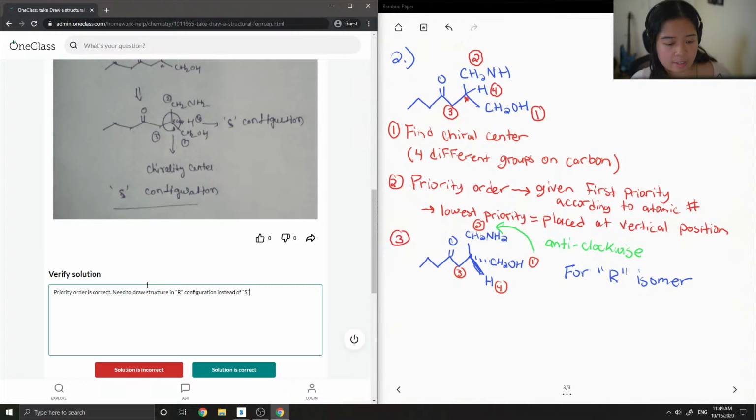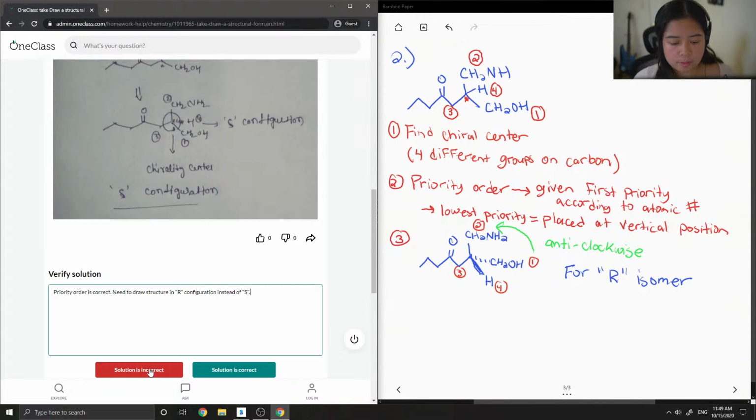Need to draw an R configuration instead of S. So the words look right.